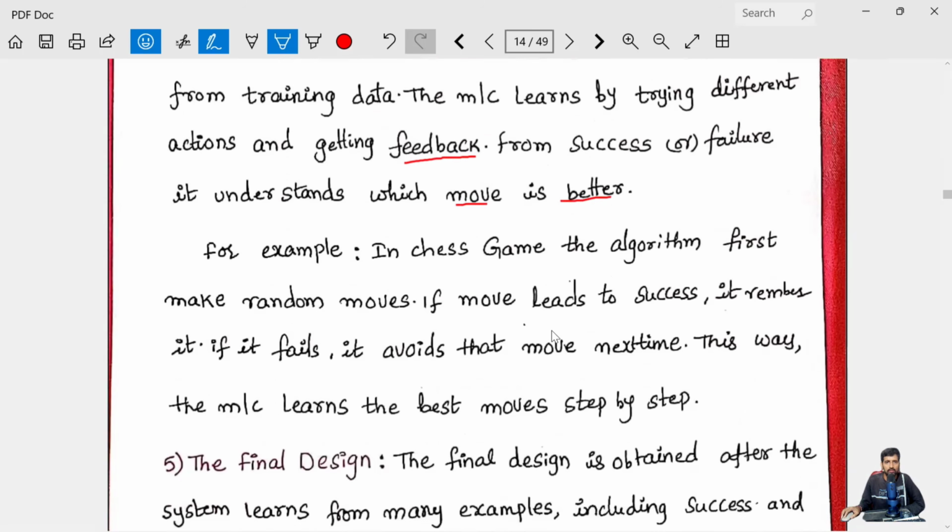For example, in a chess game, the algorithm first makes random moves. If a move leads to success, it remembers. If it fails, it avoids that move next time. This way, the machine learns the best moves step by step.